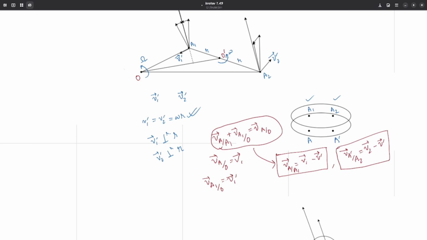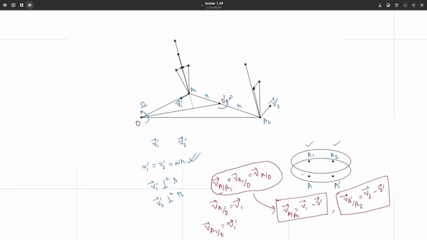And these are the directions for the new frictional forces. So we have here V2 and here V1. So this vector would be minus V1 prime and this vector would be minus V2 prime.